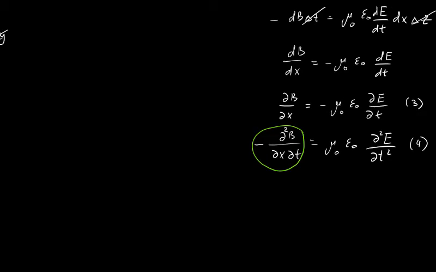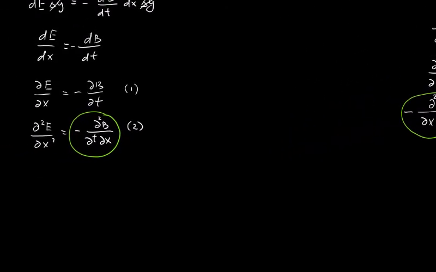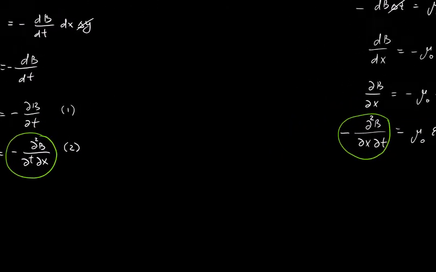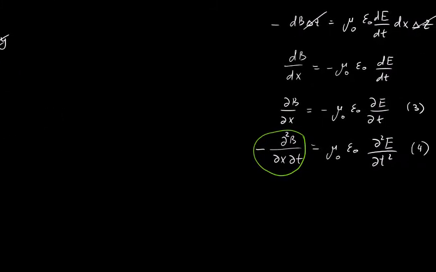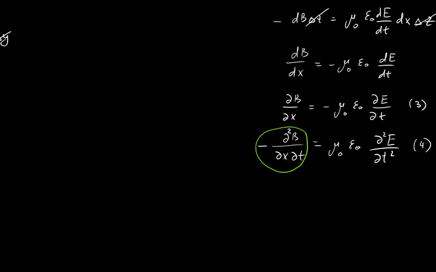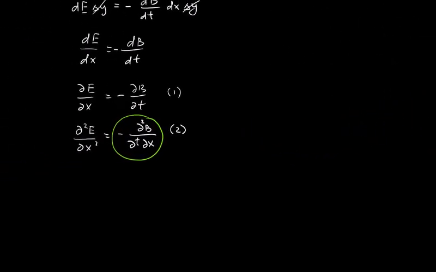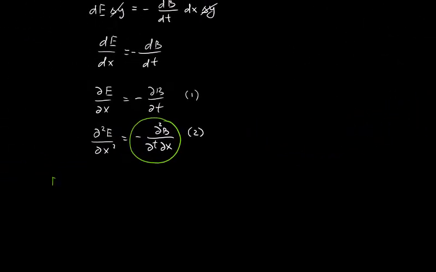So therefore, I can substitute one for the other. I substitute negative d2B over dx dt with mu naught epsilon naught d2E over dt squared. So I'm going to plug 3 into 2.